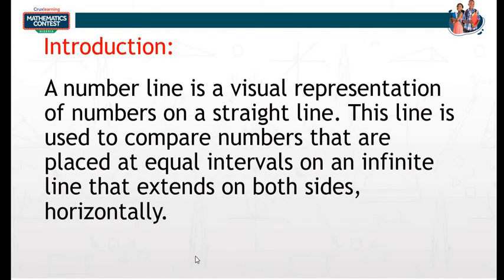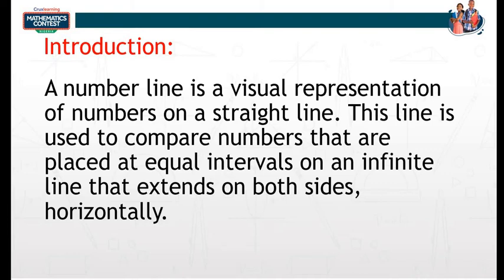Okay, so let me define a number line for you. A number line is a visual representation of numbers on a straight line. That line can be vertical, it can be horizontal, but for this lesson I'll be using a horizontal number line.